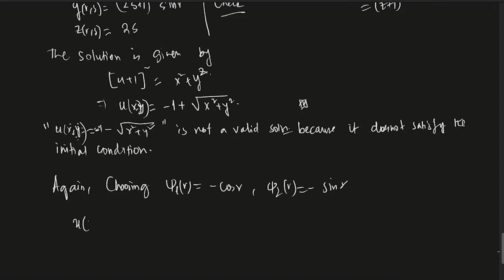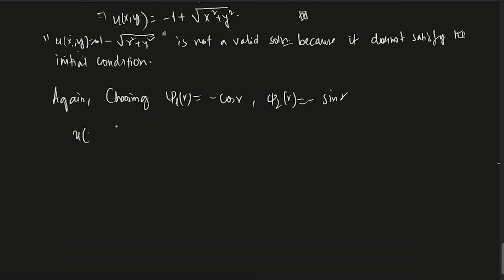Let me write it properly, because it is becoming confusing. It is u of x comma y, equal to minus 1 plus this. I think this is fine.